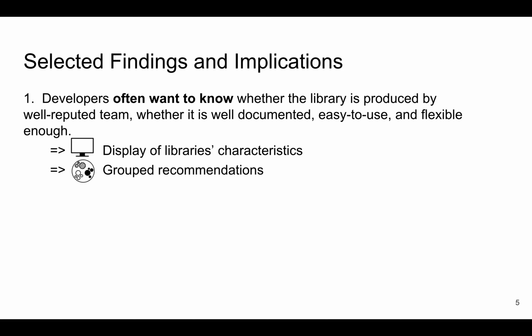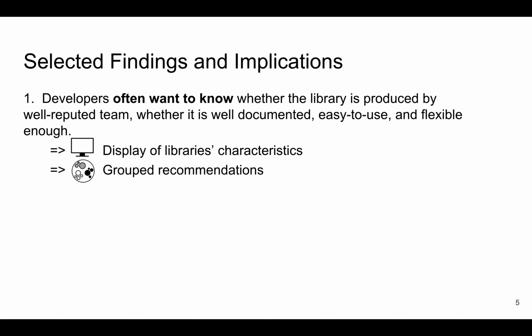The first finding is about what kind of information developers want to know for their decision making. For example, whether the recommended library is developed by a team with high reputation, or whether it is well documented, and so on. So, from this perspective, displaying library characteristics can help developers quickly assess the quality of a library.